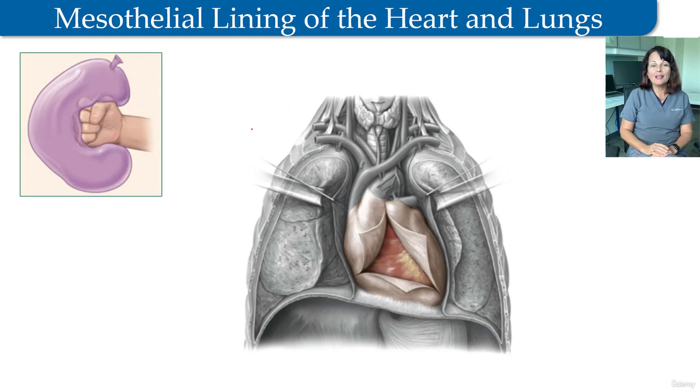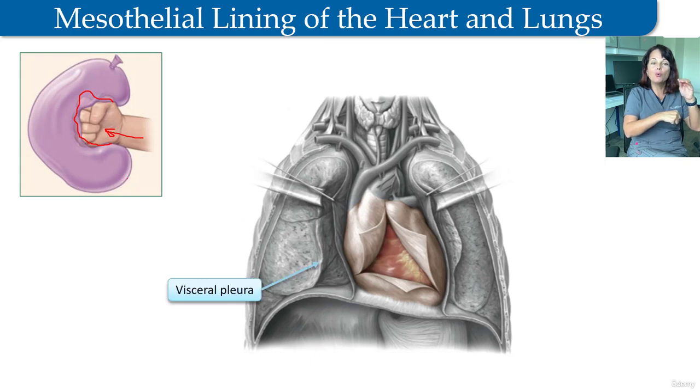To visualize the relationship of the pleura and lungs, push your fist into an under-inflated balloon. The inner part of the balloon wall, adjacent to your fist, is comparable to the visceral pleura. The remaining outer wall of the balloon represents the parietal pleura.